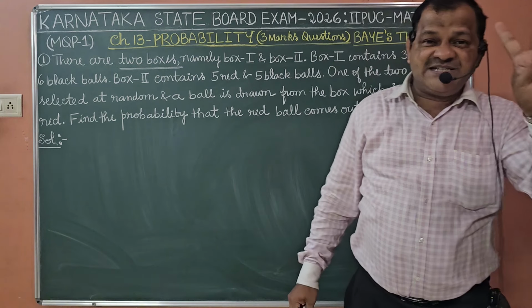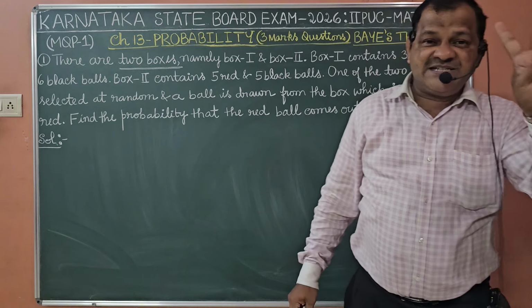E2 is the event of selecting the second box. I will continue reading, namely box 1 and box 2. Box 1 contains 3 red and 6 black balls. Box 2 contains 5 red and 5 black balls.